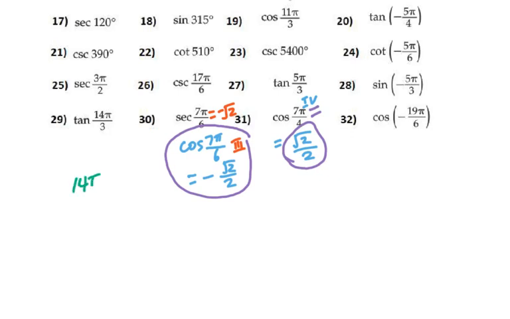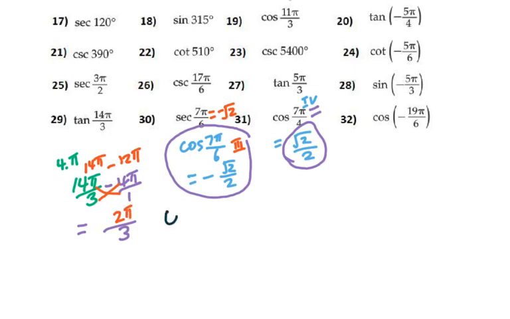14 pi over 3. We will get 4 point something pi. Therefore, you need to subtract 4 pi. We got, here's the 3. That's 14 pi minus 12 pi. So you got the 2 pi over 3.